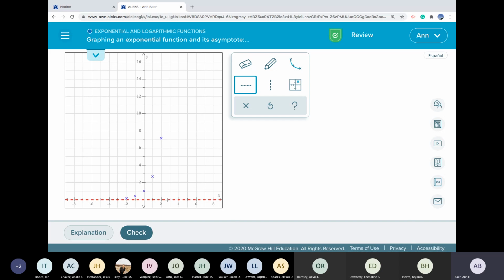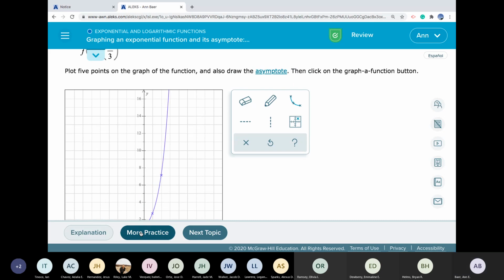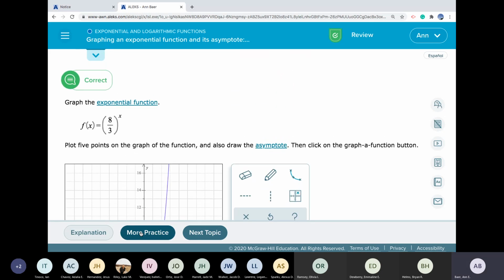They get ever so close. So that graph looks good to me. Let me click on this again so it doesn't get in our way. It looks like it's going to do this, and it looks exponential in nature. So then I'm going to click on this graph tool. That looks good. Check it and get it correct.